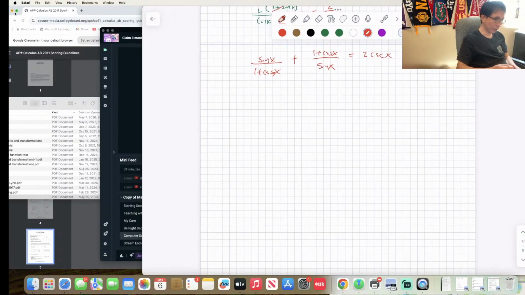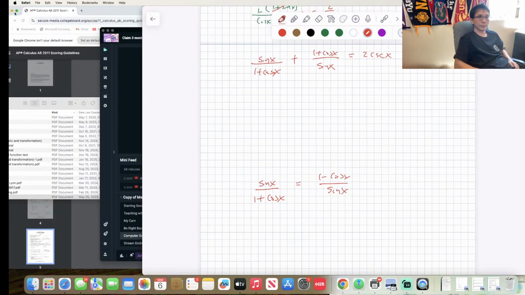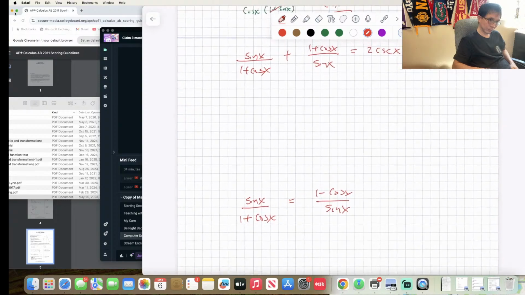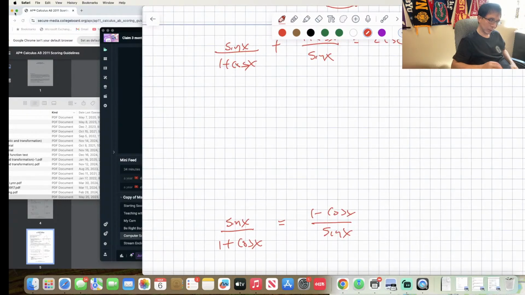This one I'm not going to go over, but I'm going to let you guys go over with each other if you're missing it. But I'm going to give you the next challenge. This one's kind of hard. It's sine of x over 1 plus cosine of x equals 1 minus cosine of x over sine of x. Now this one requires one of the skills I just wrote for you.